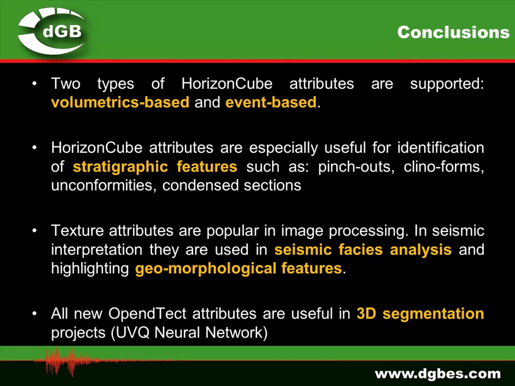And these two groups of attributes can be combined together for 3D segmentation, and can really allow you to improve your analysis and give you a better definition. It allows you to identify geobodies and to characterize them.